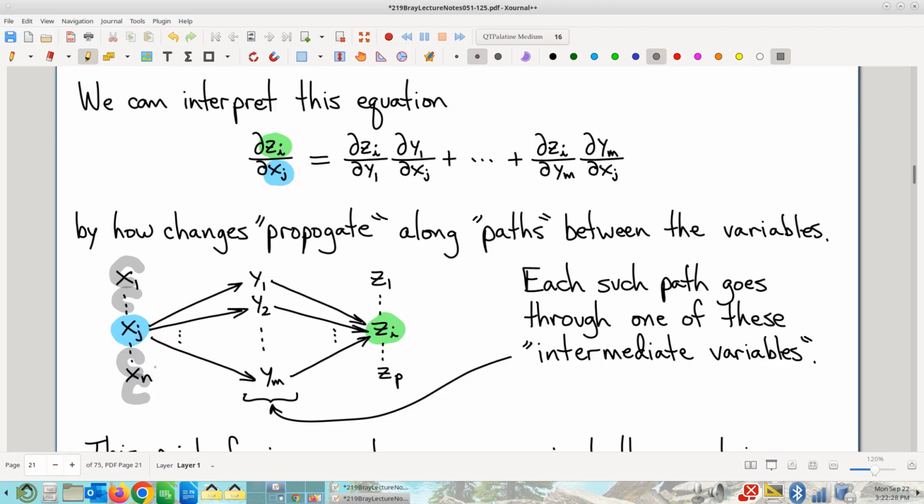So what happens, let's just think it through. If you change xj, y1 depends on xj, and as you change xj, that's going to cause y1 to change. It's also going to cause y2 to change. It's also going to, yada, yada, yada, all the y's are going to change as a result of little changes you make to xj. And here's the thing with that.